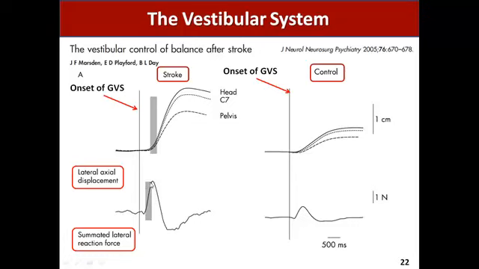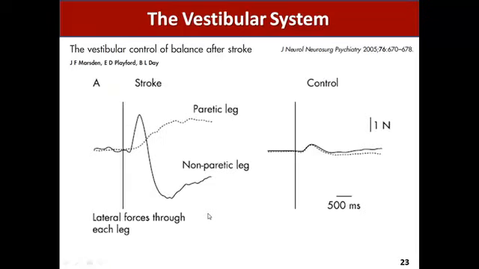This is basically a tracing of the laterally applied ground reaction force, much greater here than was observed in the control patients. So following galvanic stimulation, the healthy participants still experienced that sway, but to a much lesser extent than the patients that had experienced stroke.